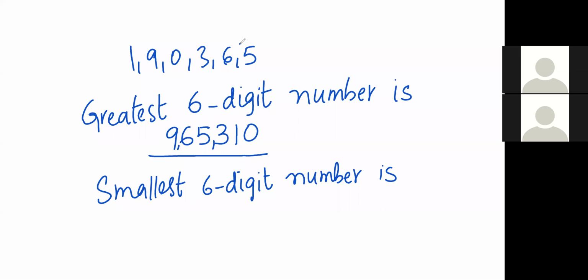But you should not take that 0 as first digit. Let us see what happens if we take 0 as the first number. Don't take it down. I am explaining now. What happens if you take 0 as the first number? Let us see. I'll show you here in the last corner.